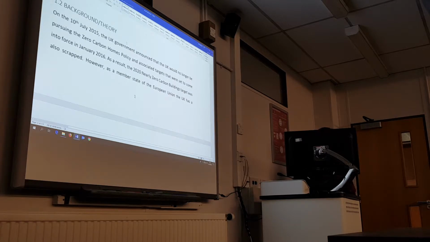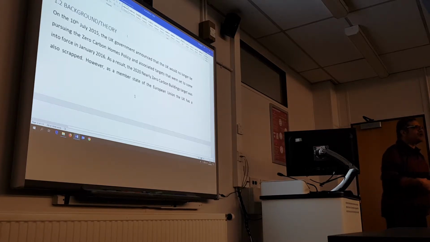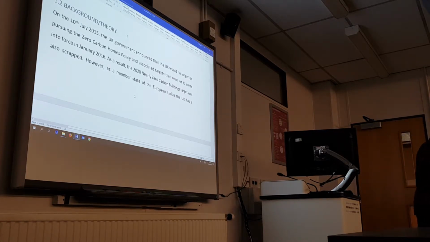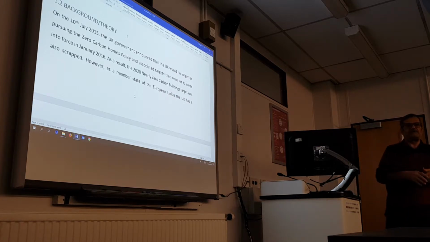Background theory. Always you need to give a background. The background will explore or will actually show clearly what the problem is.